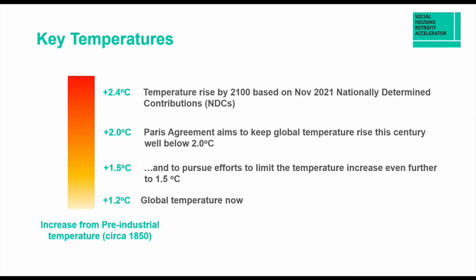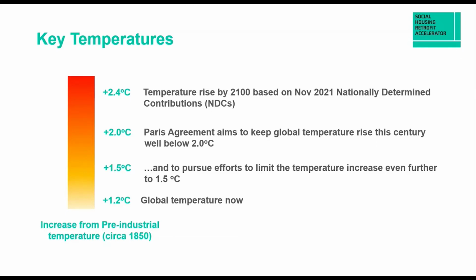There is some good news on this, actually. There is a recent peer review publication, an analysis of pledges, which states that if all the pledges are implemented on time and in full, we're likely to be heading to 1.9 degrees. So it's really good news, but the policies to deliver this will have to be in place, and that is not the case at the moment.